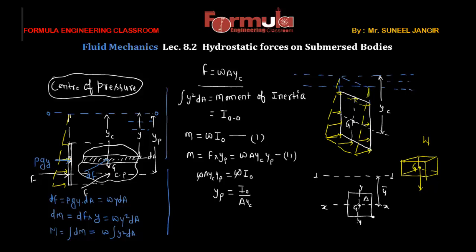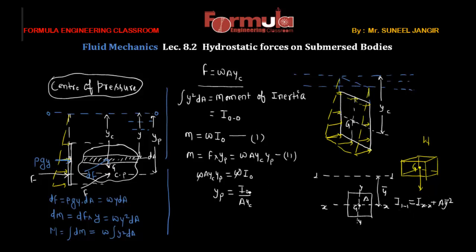Okay, so from the parallel axis theorem we can say that the area moment of inertia of this plane surface about 1 1, I 1 1, will be equal to Ixx, that is the moment of inertia about its own axis, plus area A multiplied by y bar square. This is according to the parallel axis theorem.